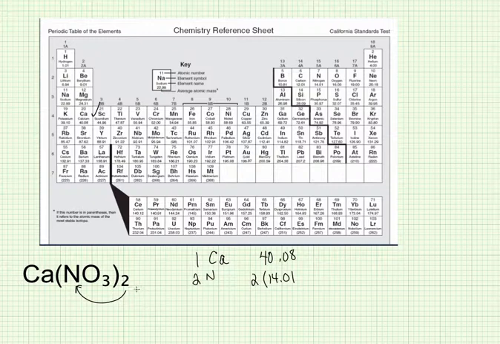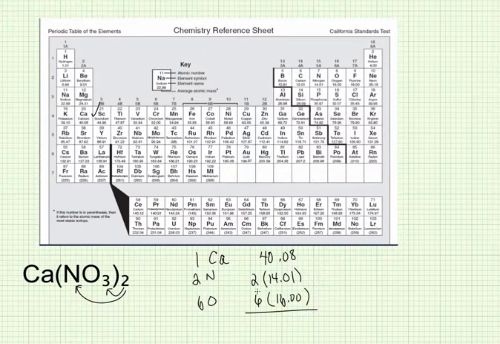Now, how many oxygens do I have? Remember, I have 2 nitrates. Each nitrate has 3 oxygens. I have to double that subscript, which means I actually have 6 oxygens. So I'm going to take 6 oxygens, and oxygen has a molar mass of 16.